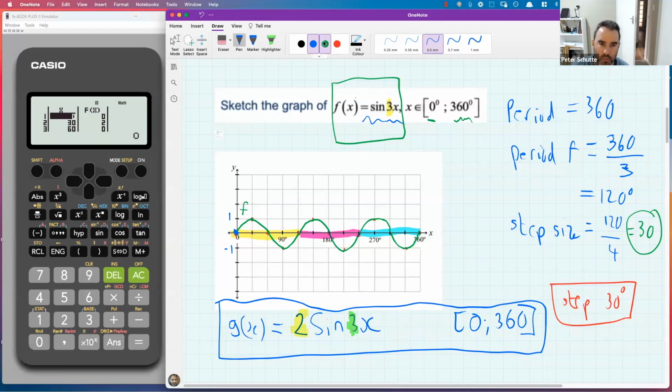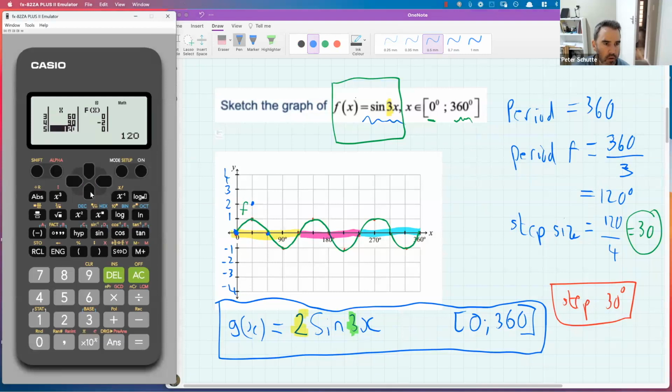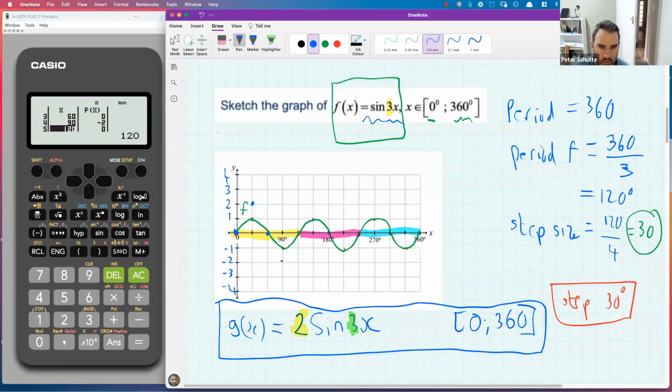So let me put in some more. Now I haven't folded them, but you can see that's 30, that's 60, 90. The increments are in 30. So 60, 0. 90, minus 2. 120, 0. Okay, so the dots at least are looking a little bit predictable here.